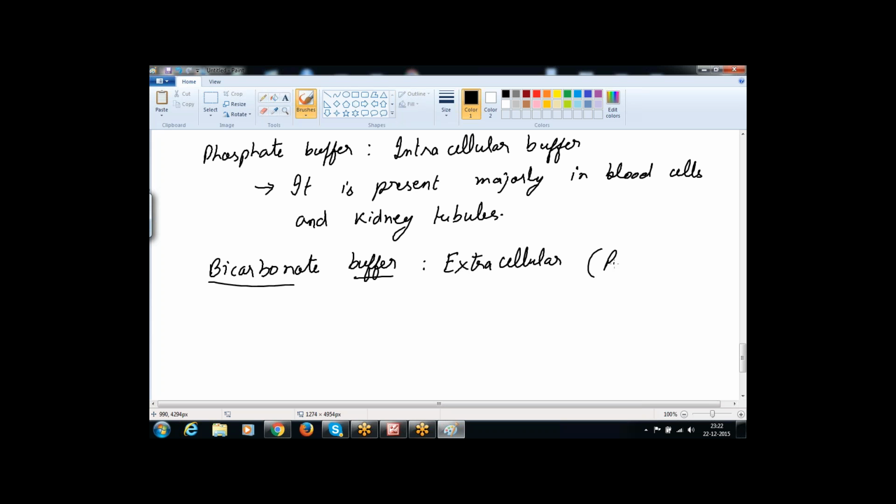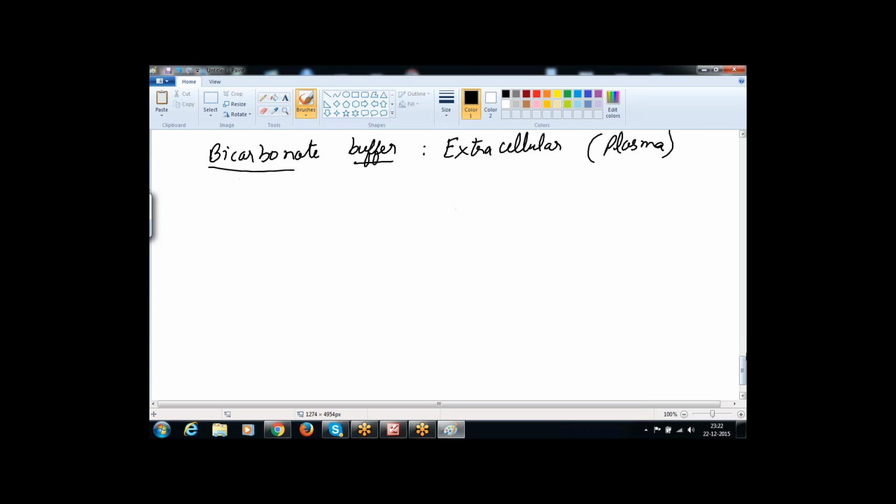It is functioning in plasma of blood, and you know blood is circulating all throughout the body. So whatever changes this buffer will bring, that will affect the whole body. Why? Because it is functioning in plasma or blood. How this bicarbonate buffer functions, that is very important.